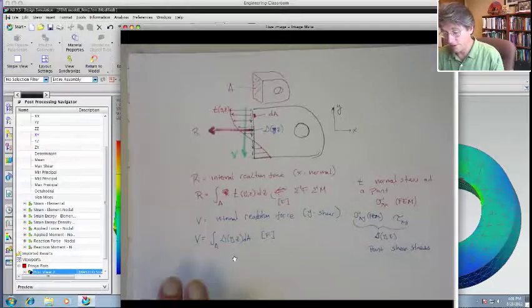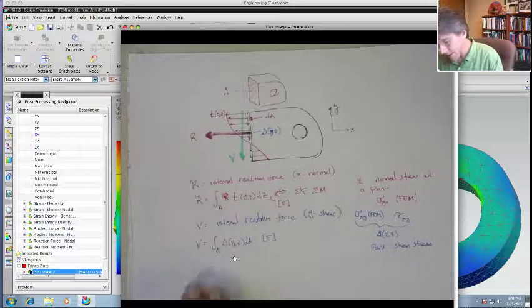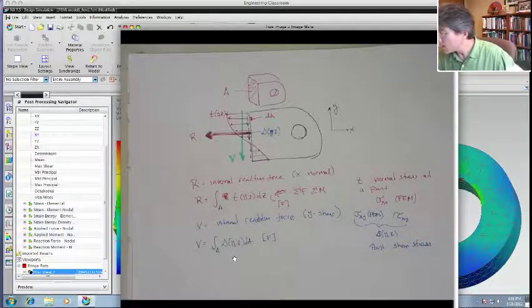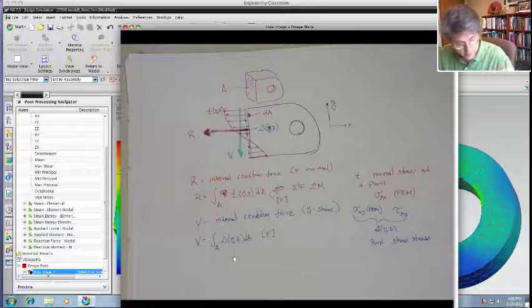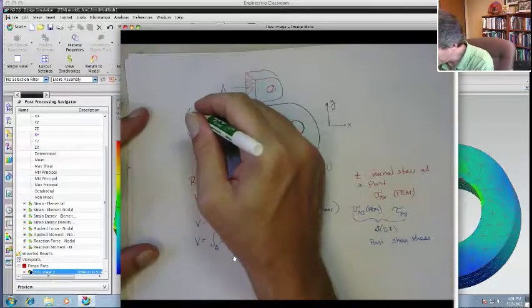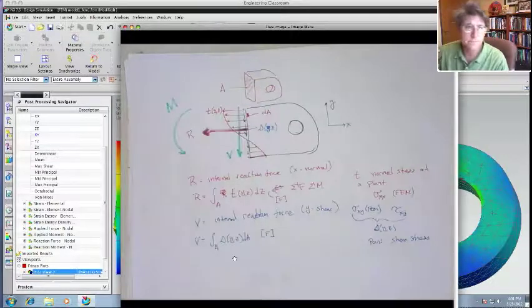Now, let's talk about the average stress. So we know, in fact, oh, let me do the moments. I need to do the moments while I'm at it. So let's talk about the reaction moment. So if you look at this, let's get the reaction moment. Here's the internal reaction moment, M, all right?